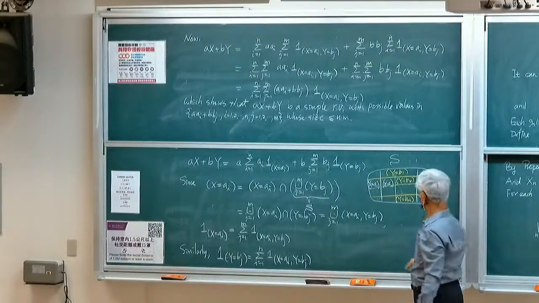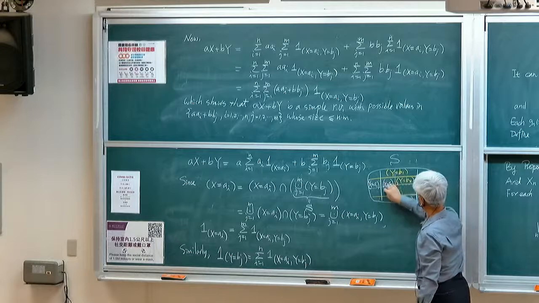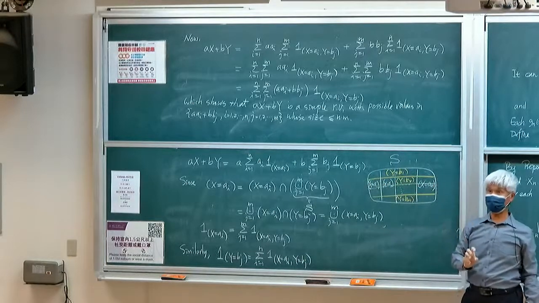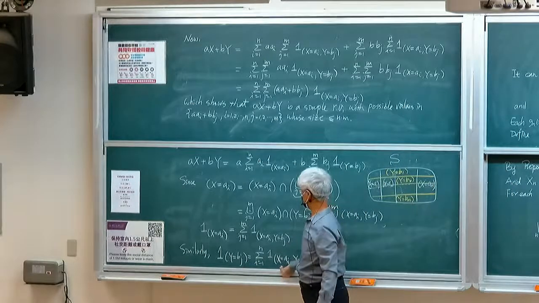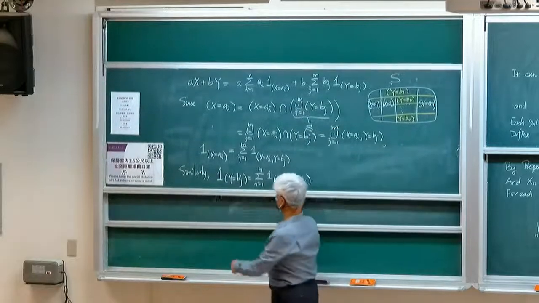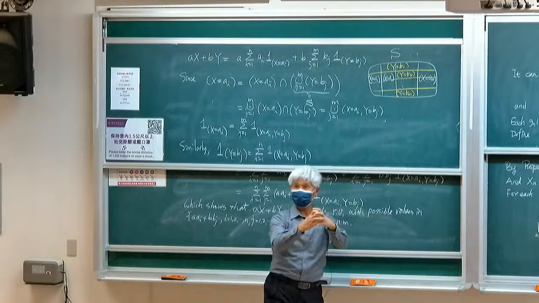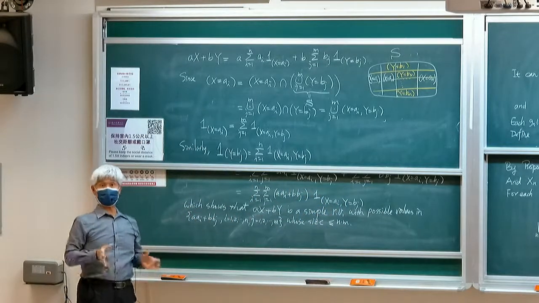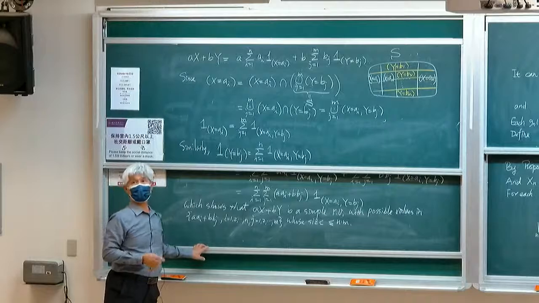Each small piece will be a possible atomic event. But if they correspond to the same value, then these two pieces should be joined together, because they have the same value. Okay. Any questions?